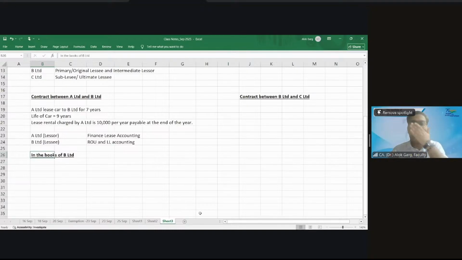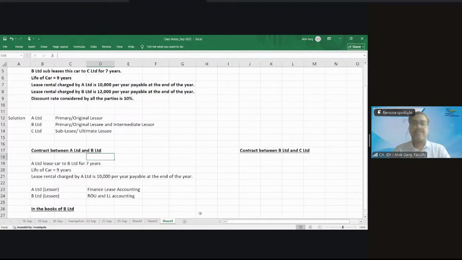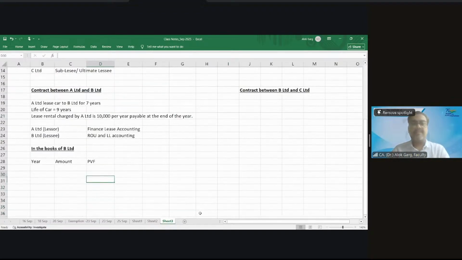What will I do in the books of B Limited? Simple, find the lease liability. Lease payment means amount, multiplied by PVF at the rate of what percent? 10% is the discount rate considered by all the parties.